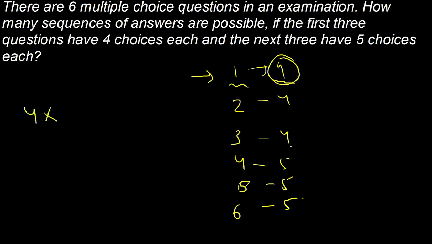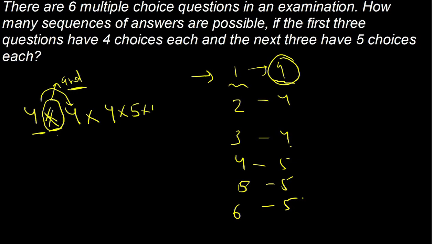The second question is completed in how many ways? 4 ways. Now why multiply? Because after the first question is done, you can't say you are leaving this particular paper. So 'and' is what? You are depending on it, so depends means multiply. The third question is in 4 ways, then 5 ways, 5 ways, and 5 ways.